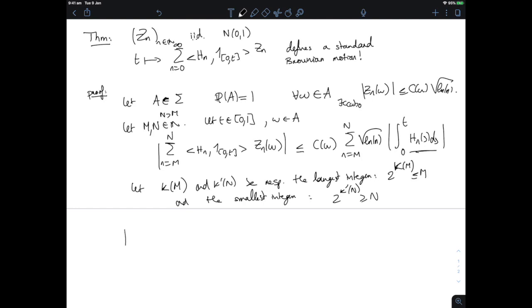All right, the point of that is that now the sum that I'm looking at here can be controlled by a sum of non-negative things over a larger interval, k between k(m) and k'(n).